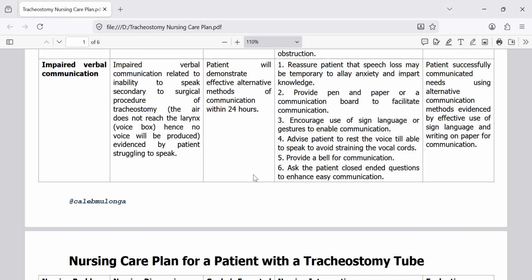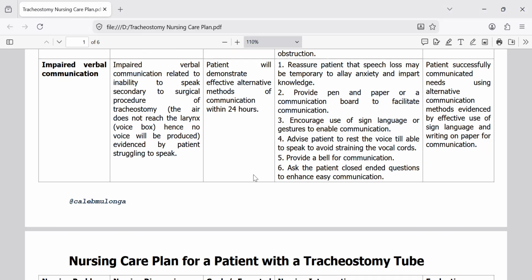So basically we are just saying that the patient will be able to communicate using other methods within 24 hours. It can be within 24 hours, it can be throughout hospitalization, because this is not a 1 hour thing. You can't teach someone how to perform some form of sign language within 1 hour. You can't do that.